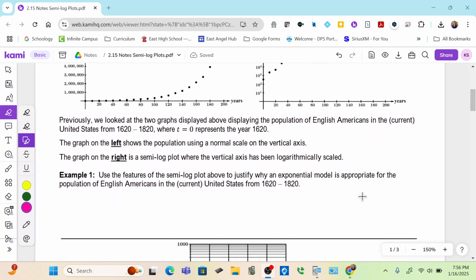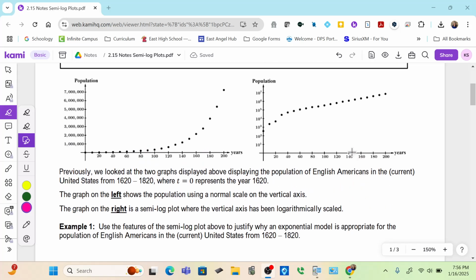So, using the features of the semi-log plot above, justify why the exponential model is appropriate.